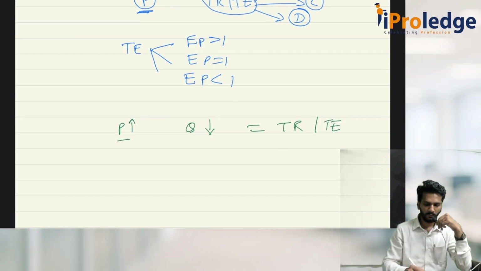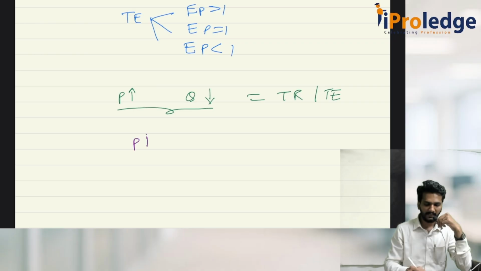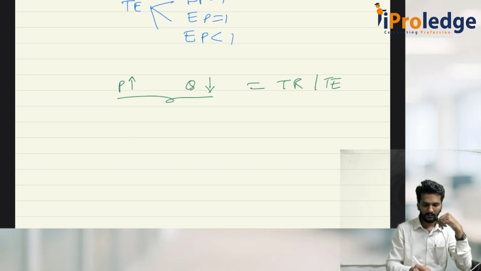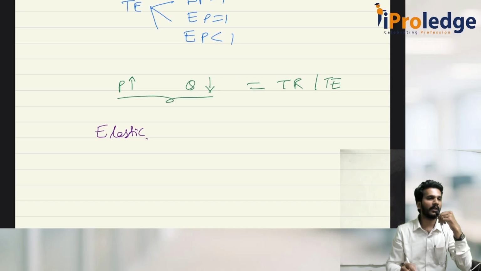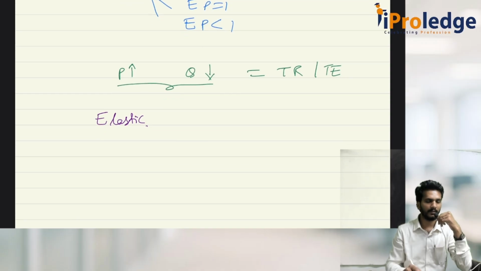Now, if you look into this part, in case of an elastic demand, what do you mean by elastic? A percentage change in price is leading to a bigger percentage change in the total quantity. That is happening.